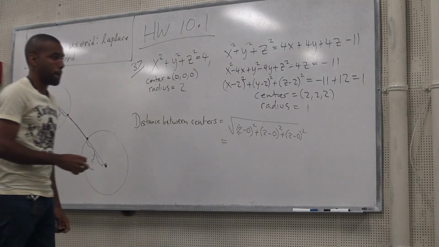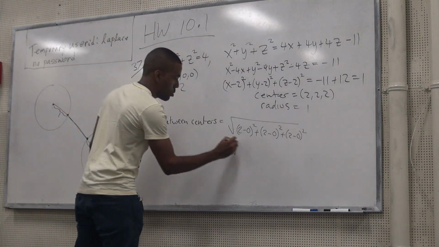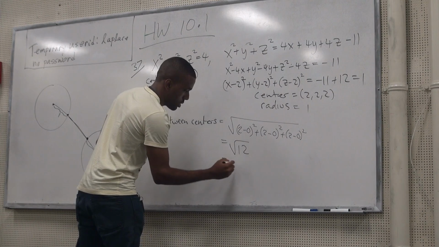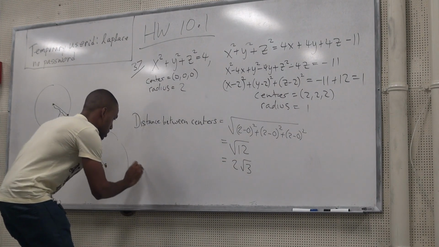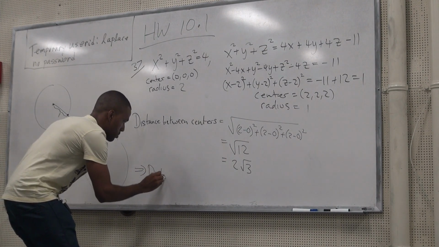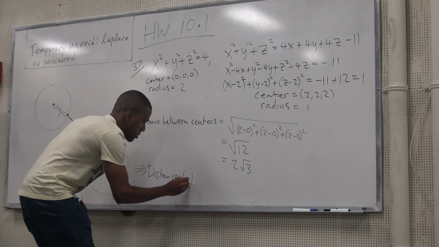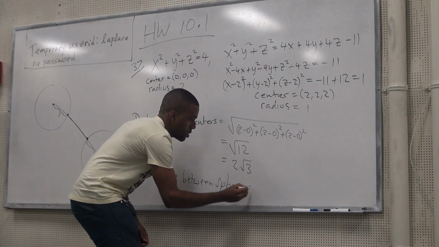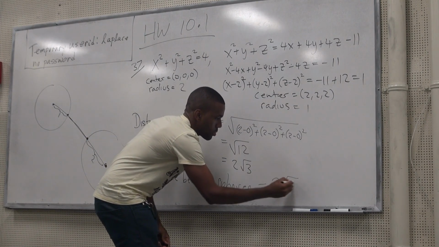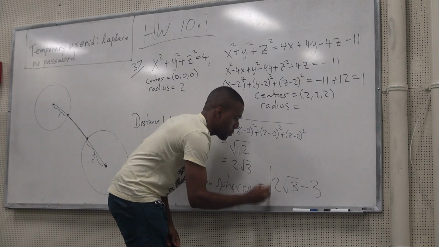That gives us what? Radical 12. Or you can think of that as 2 radical 3. This means the distance between spheres is 2 radical 3 minus 3.